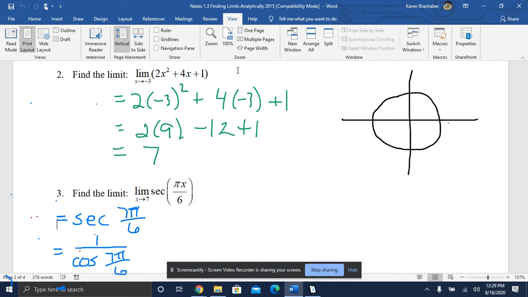So you have your corner angles, as I might refer to them, at 0, at π over 2, at π, and 3π over 2.